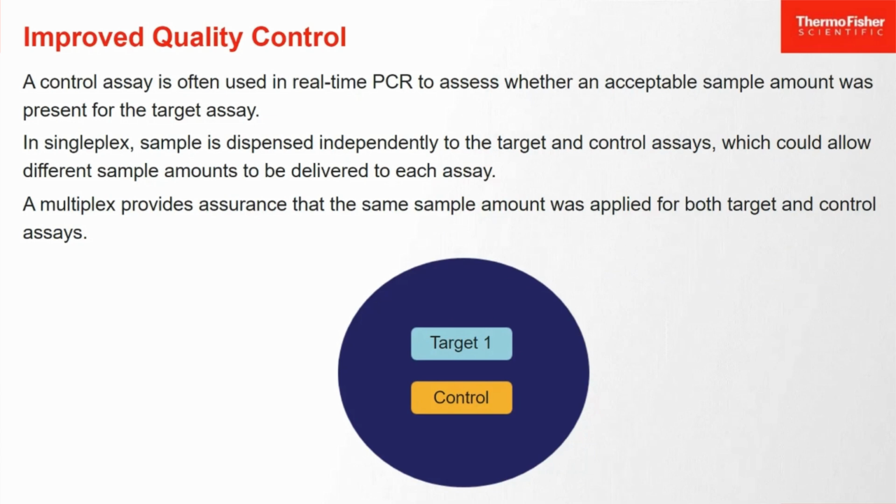So there's a question: if there's a problem with how much was in the control well, does that mean that the target had enough sample, things of that nature? But in multiplex, that problem is mitigated because the sample is being placed into a well that has both the target and the control. So that improves quality control.